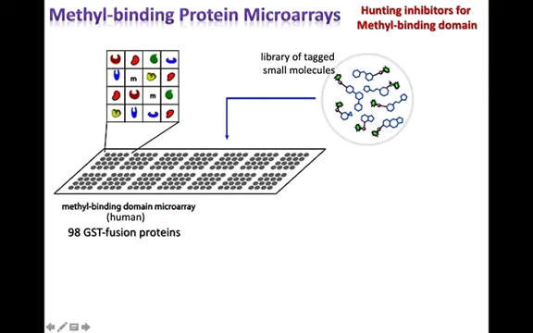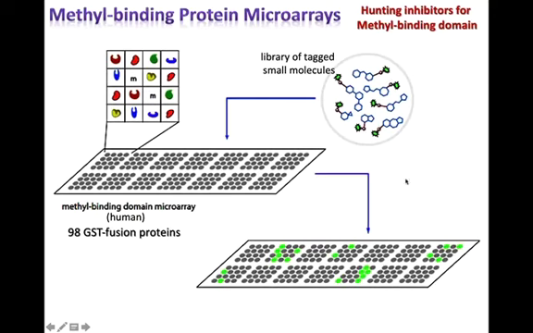Soon after, you wash the slide and remove the excess unbound small molecules, and you detect under a machine that detects fluorescence. You will notice a spot of fluorescence at certain locations.